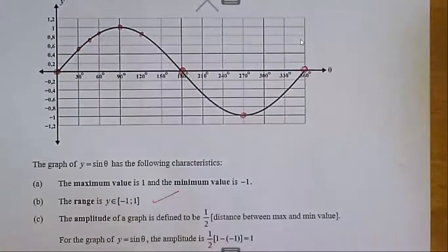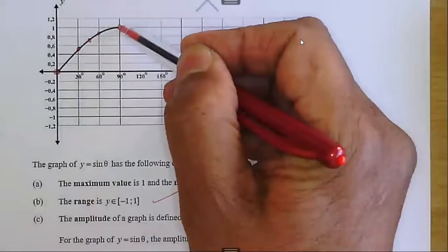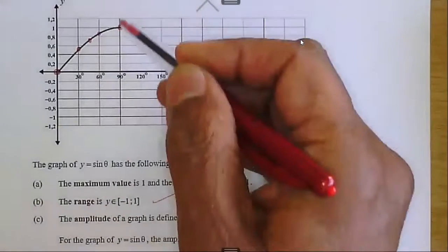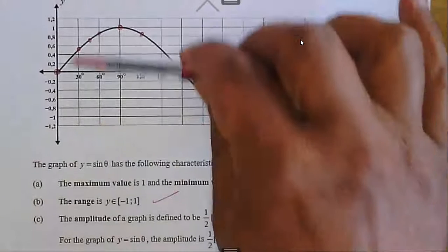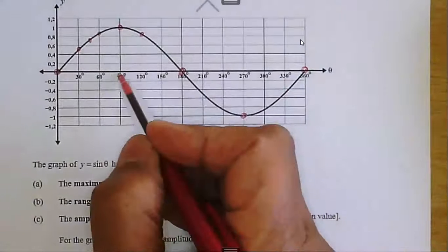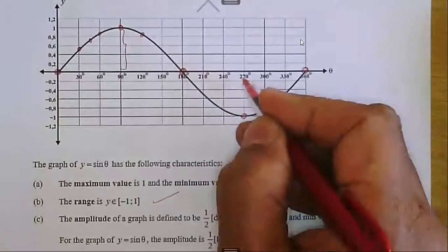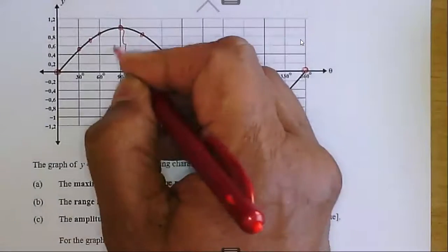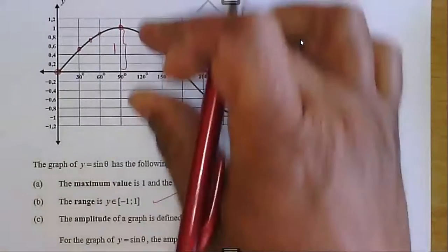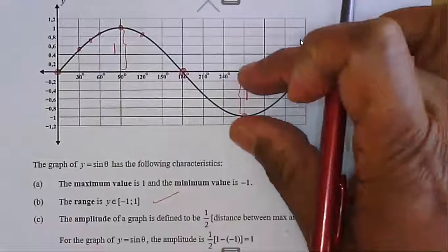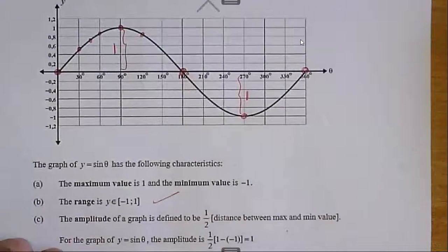The amplitude is half the distance between the maximum and the minimum. There's the maximum, there's the minimum, so that distance is 2. Halfway is there. Therefore it is that value, which is 1. So that is the amplitude. The amplitude is 1. Okay, cool.